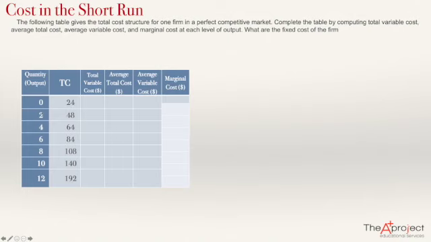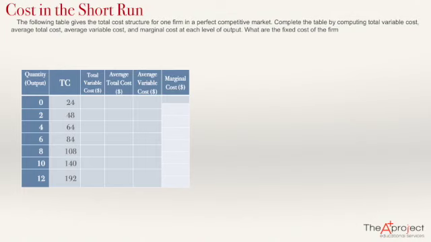But if the quantity produced is 2, the total cost is 48. When the quantity produced is 4 units, the total cost is 64, etc. But something important: the total cost when the quantity produced is 0 is 24. So it means that we have a cost even if the quantity produced is 0.